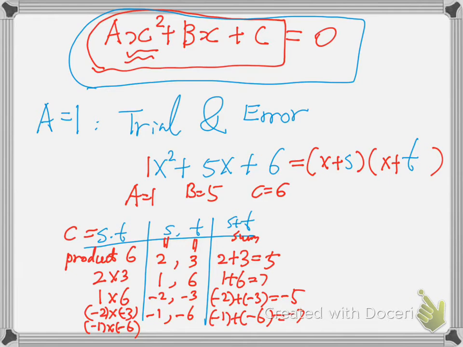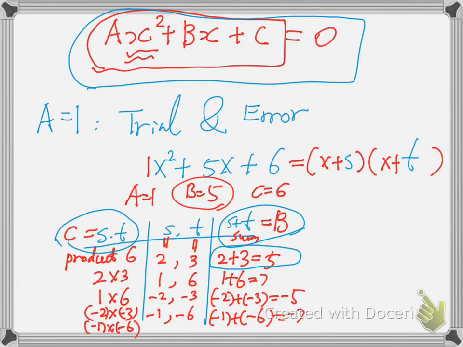Okay, so what's the sum? Sum has to be our letter b in the quadratic polynomial. So what is b? b is 5. So this is the answer. We need two conditions. Product is c, and then sum is b. Then we got two numbers s and t.